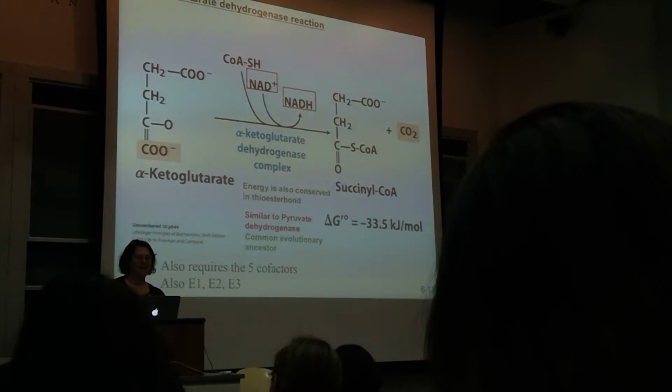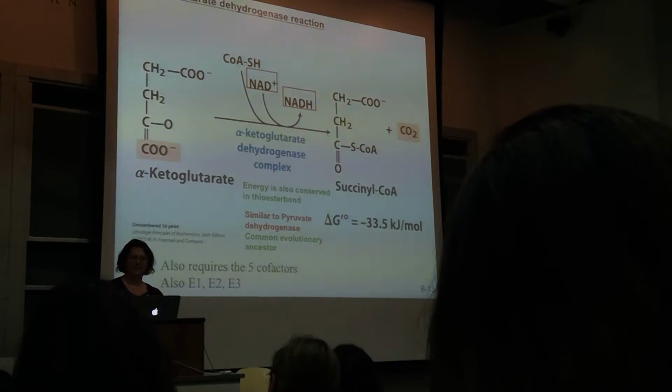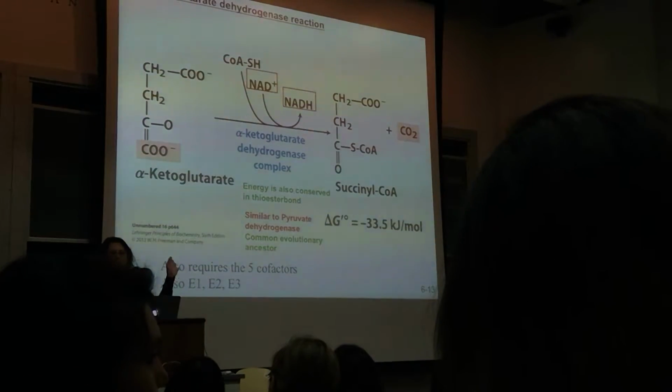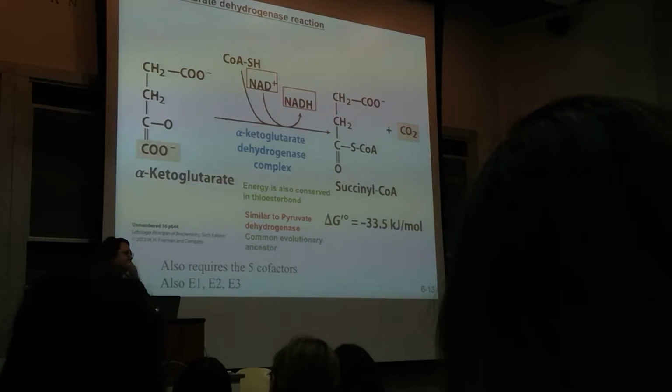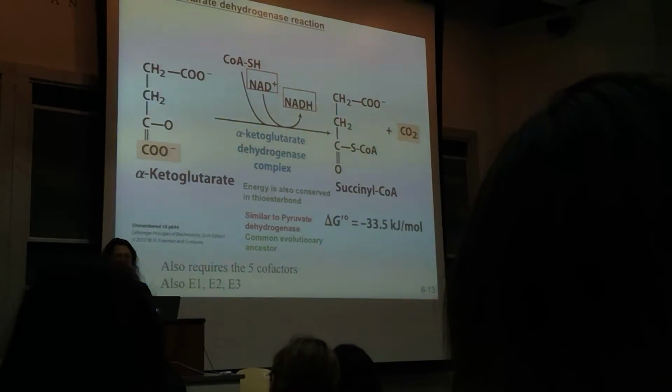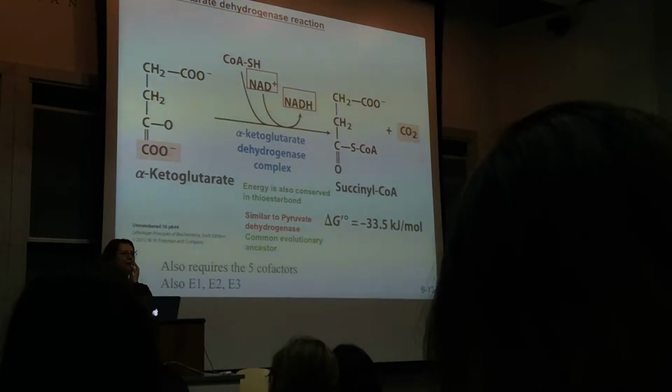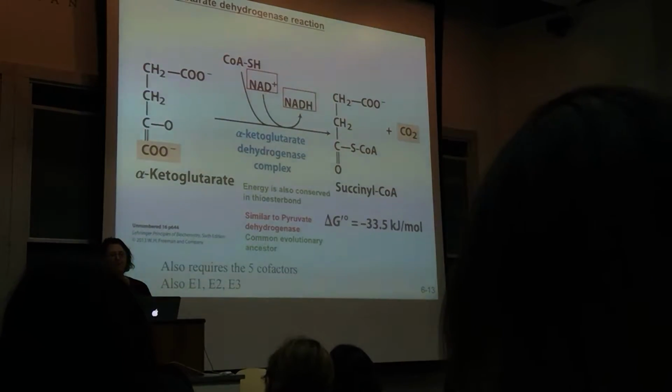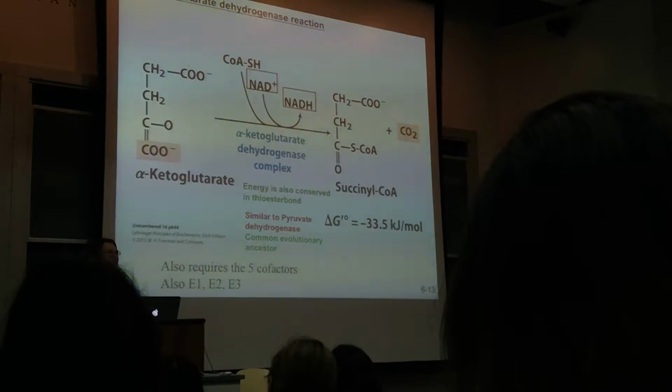Can anybody tell me what those cofactors are? Does someone want to? What was the one for the CO2 that I talked about? TPP. Yeah, TPP. There was another one that can gain an electron or two.